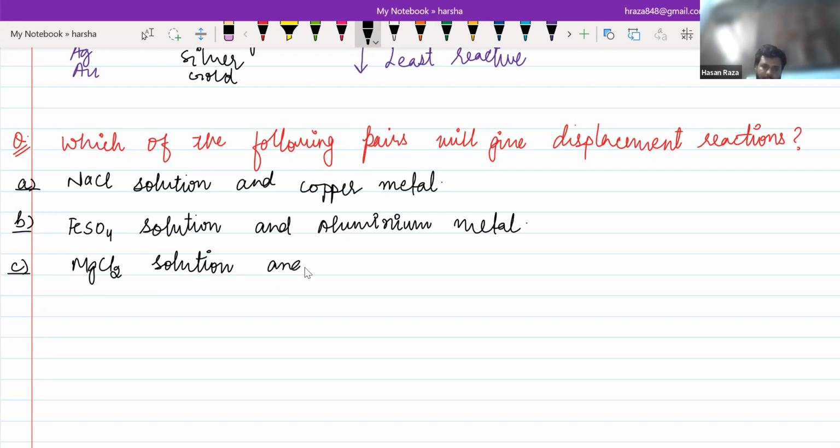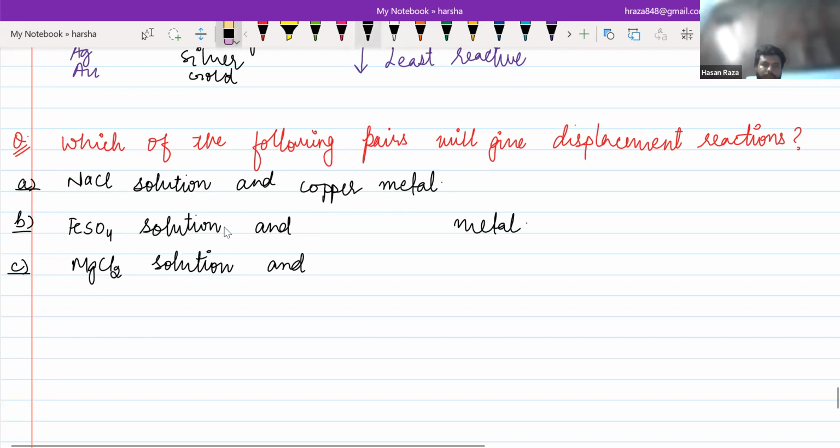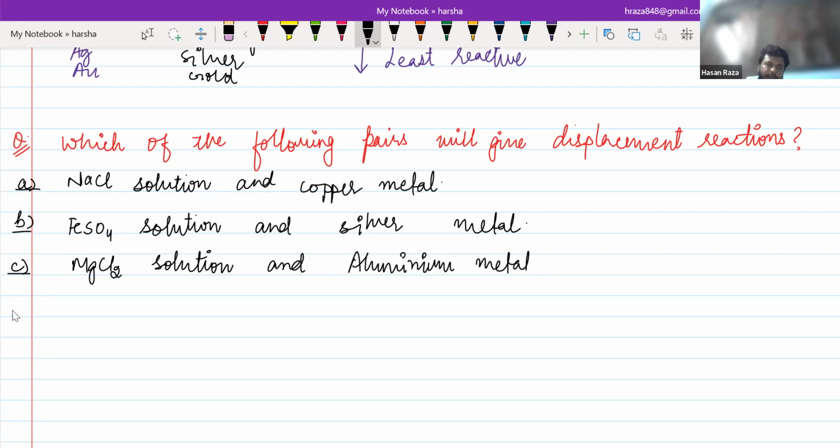So please take help from there. FeSO4 solution and silver metal, and MgCl2 solution and aluminium metal. Write the question, everyone. And D is basically AgNO3 solution and copper metal.